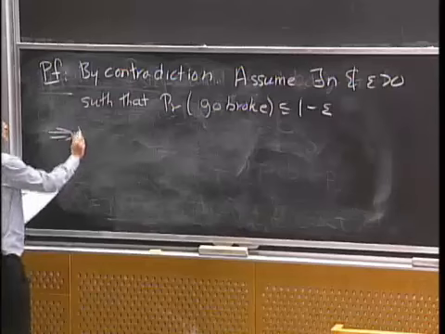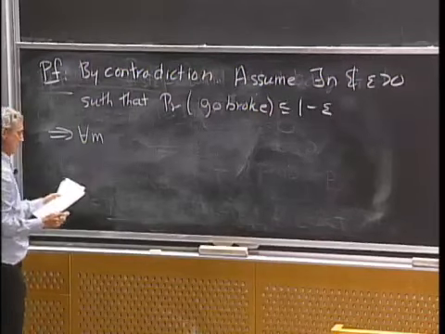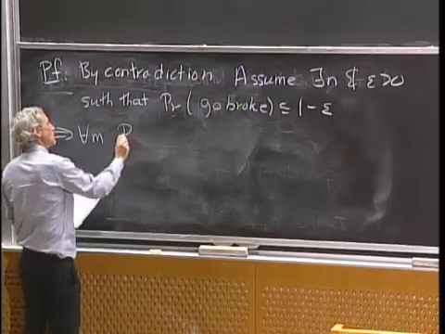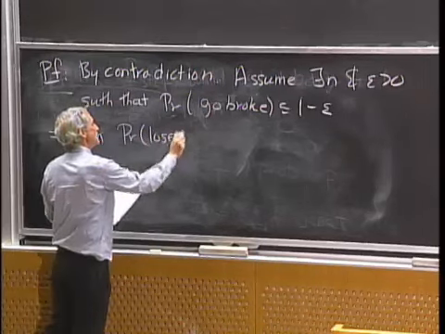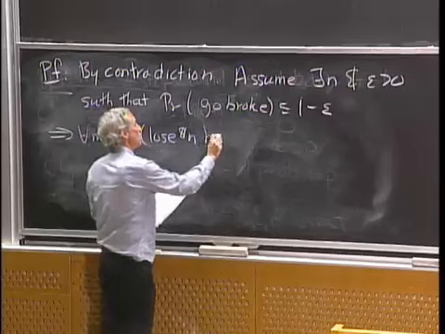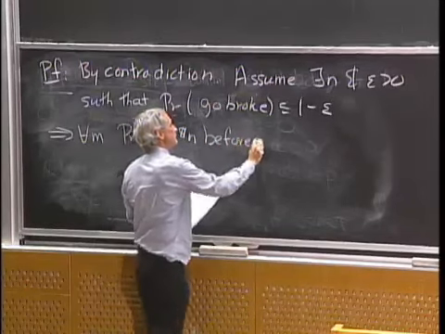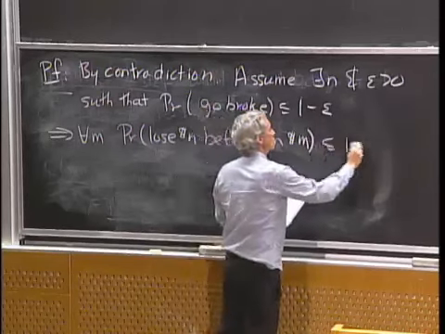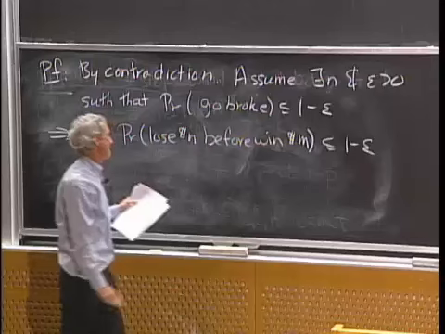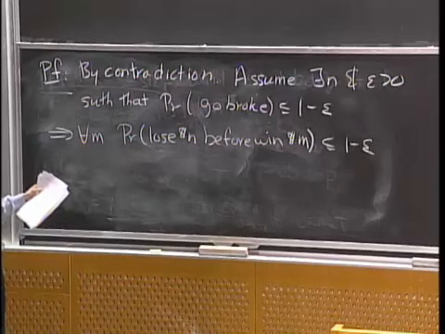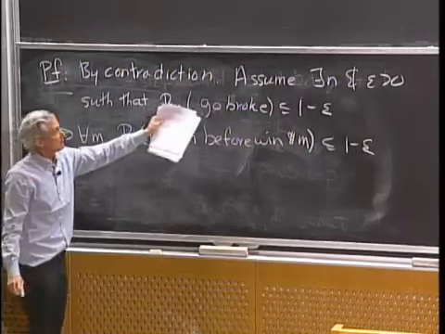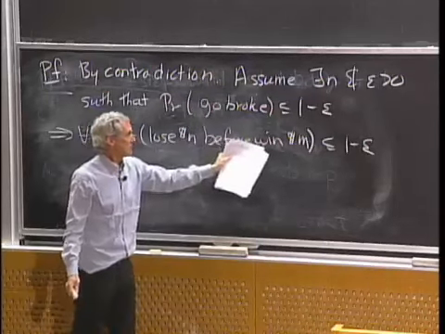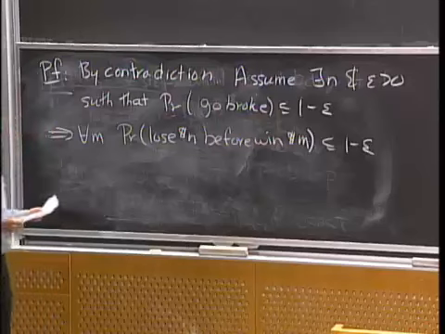Okay, now that means that for all m, where you might possibly stop, but you're not going to, the probability you lose n before you win m is at most 1 minus epsilon. Because we're saying the probability you lose n no matter what is at most that, so it's certainly less than 1 minus epsilon that you lose n before you win m dollars.